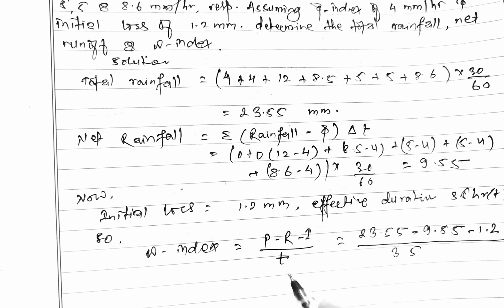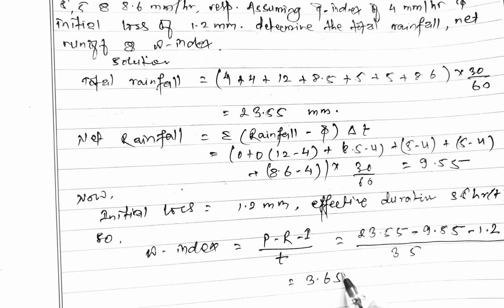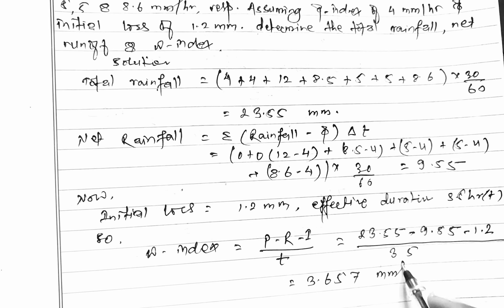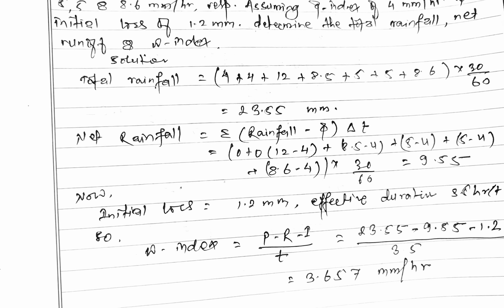So W index equals 3.657 mm per hour, which is the required solution for this.